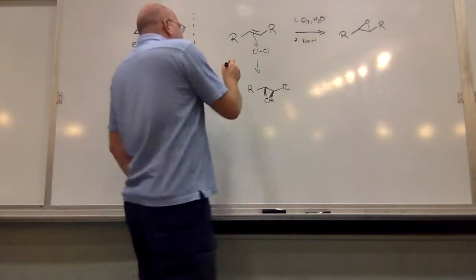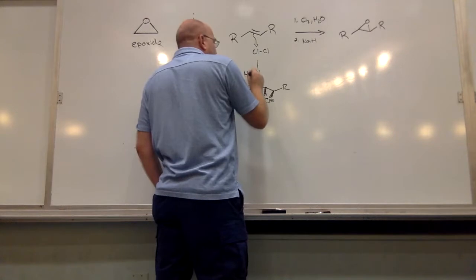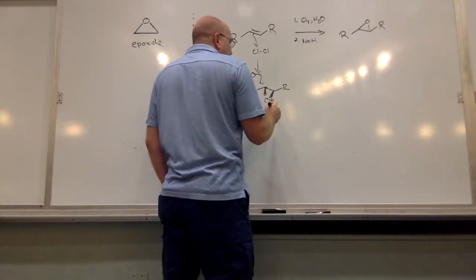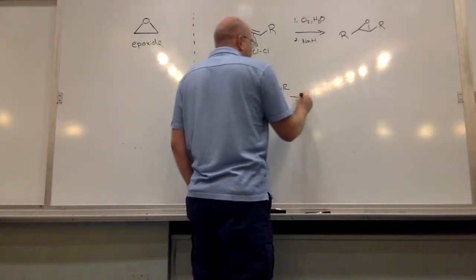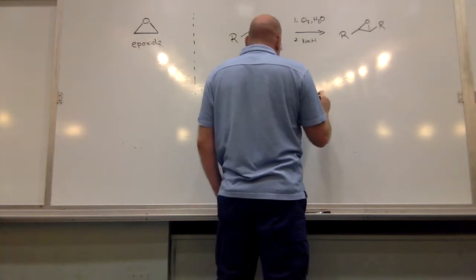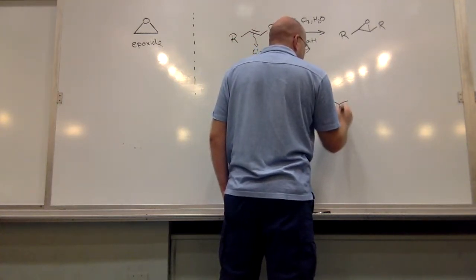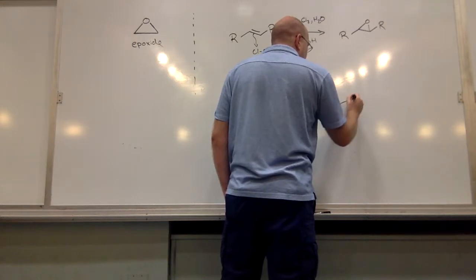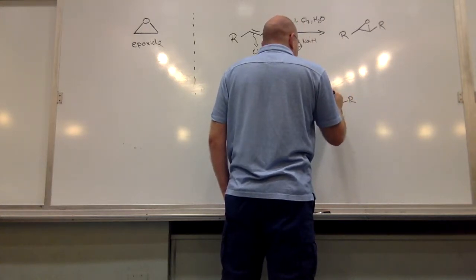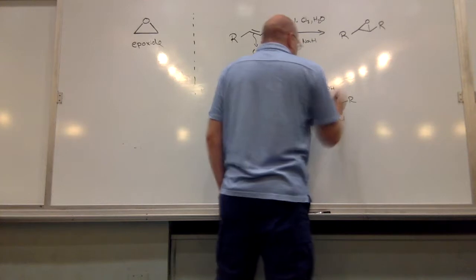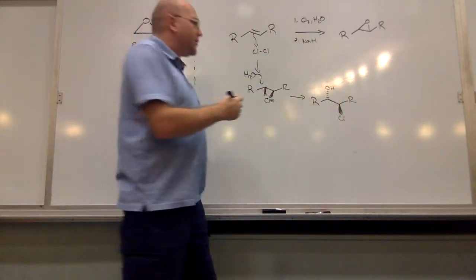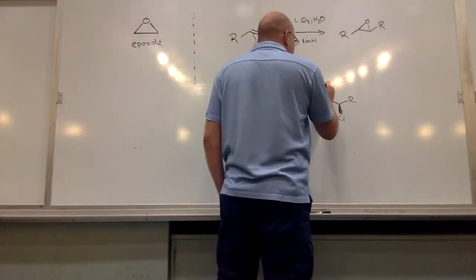Right, but you're going to get that sort of backside attack, as was said, right? And so ultimately the product that we're going to get after step 1 is going to be following loss of protons, so we want to go through the whole thing.